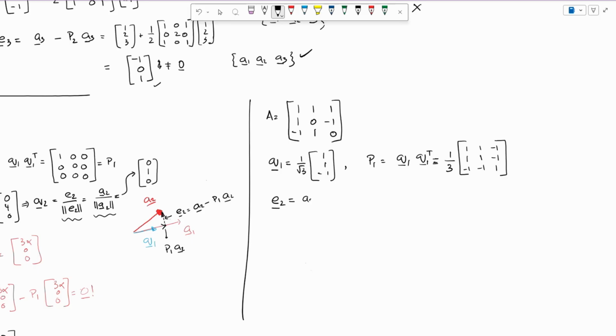So this will be A2 minus, correct? That is in fact equal to A2. What does it tell me about A1 and A2?